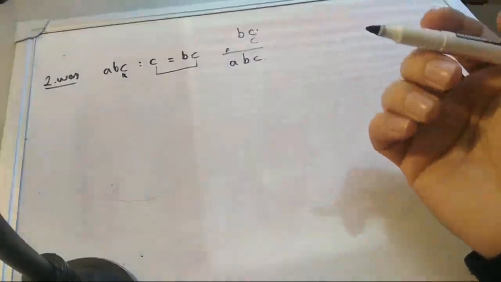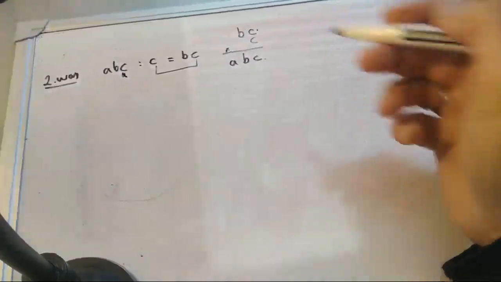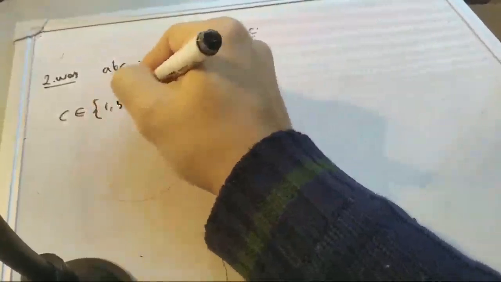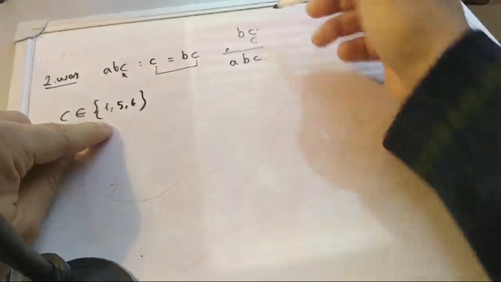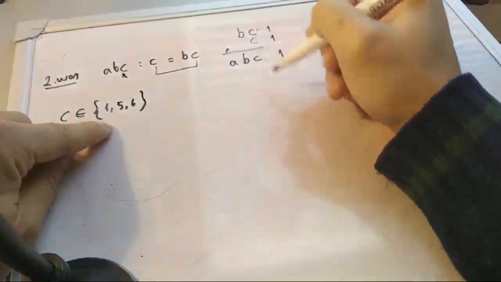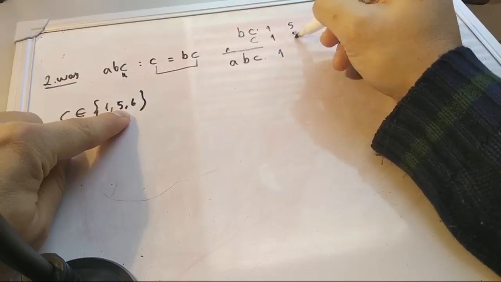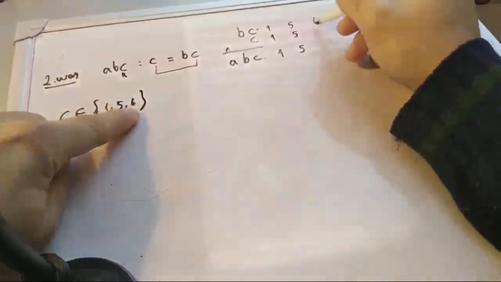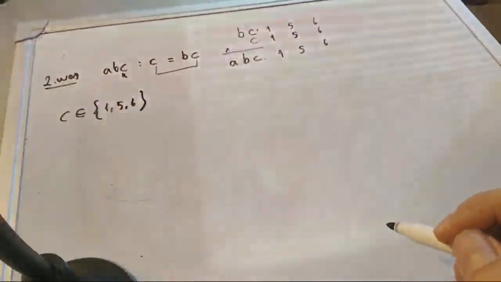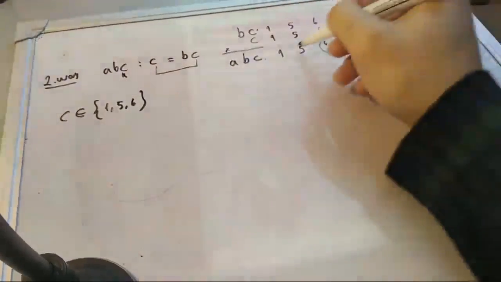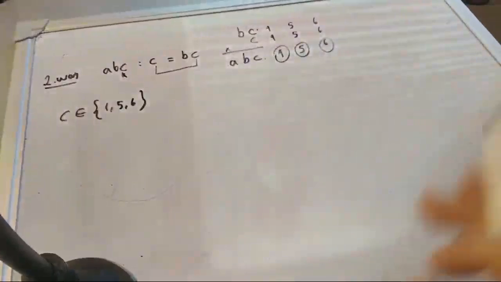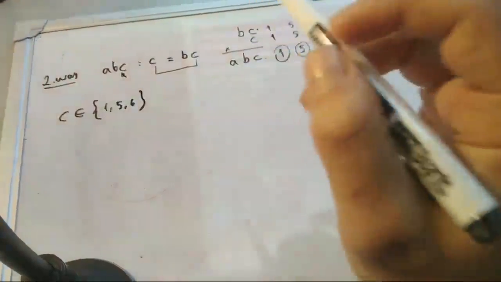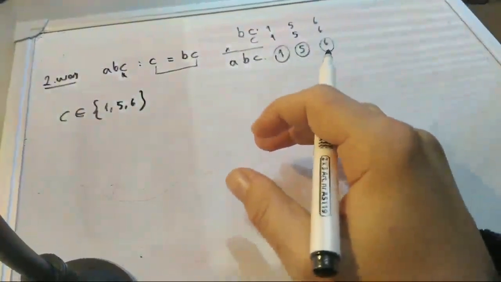I mean that. So there are just three possibilities for C. C is element of 1, 5 and 6. Because 1 times 1 is again 1, 5 times 5 is 5, and 6 times 6 is 36, again the last digit is 6. So there are three possibilities for C: 1, 5 and 6.